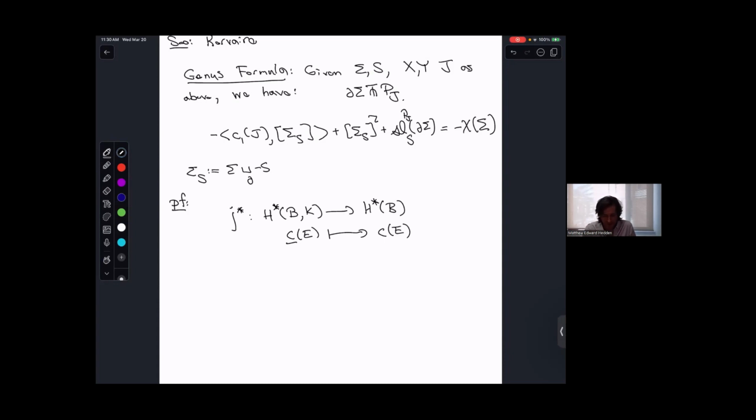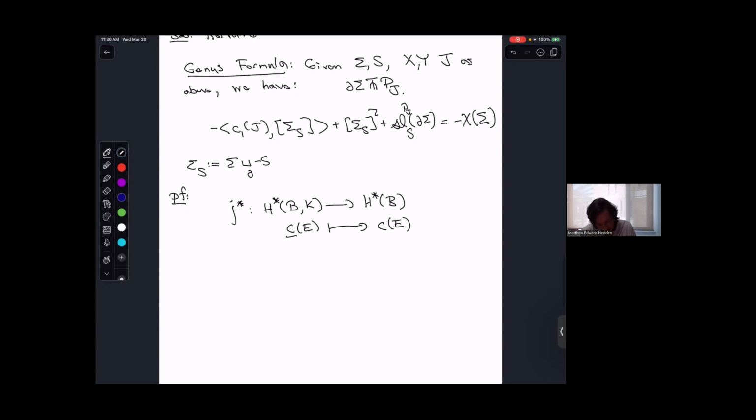So forget about the trivialization you had over K. So c1 of J now is an absolute characteristic class for a bundle. And I can think about that as the image of this relative class evaluated on this relative homology class.